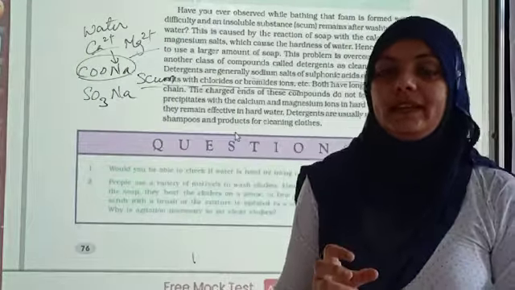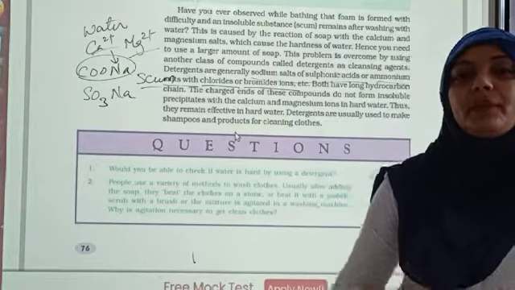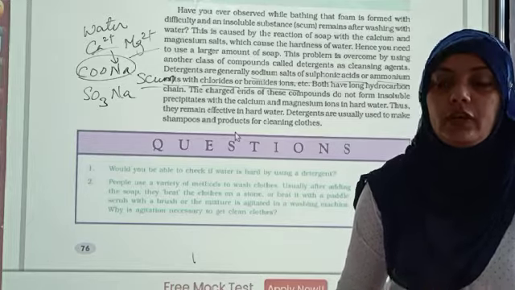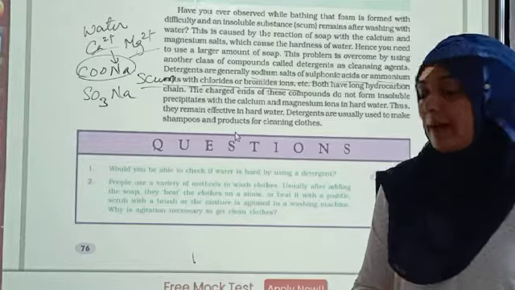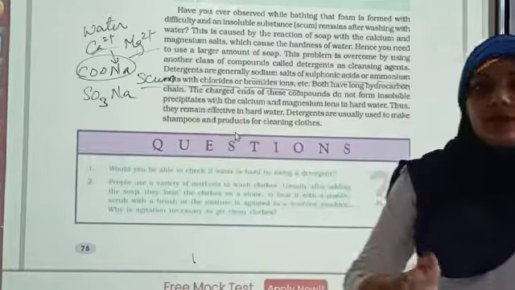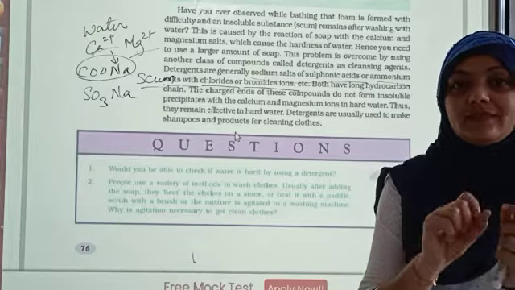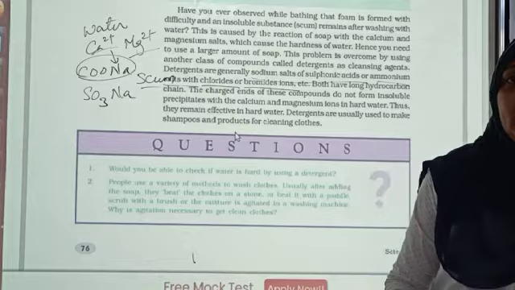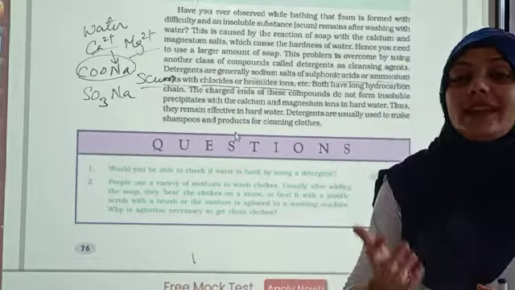Water may contain particles like calcium and magnesium. So when calcium and magnesium are present in the water, we call that water hard water. You are not able to see the calcium and magnesium because it is dissolved. So what is happening when you are using soap? That particular particle is reacting with the soap molecule. सोप मॉलिक्यूल के साथ रिएक्ट कर रहा है और लेदर, जिसको हम बोलते हैं झाग, प्रोड्यूस नहीं होने देता.